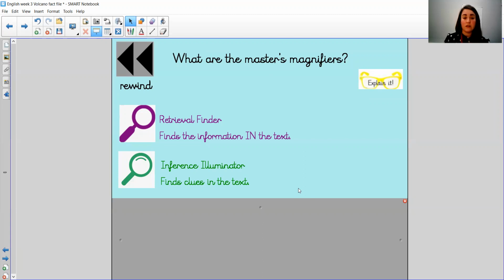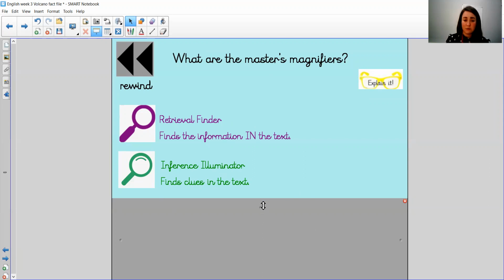So it's more than likely going to be quite cold. Okay, so my inference is telling me that the weather outside is probably really quite cold because we've looked for the clues. So she's wearing a hat, scarf and gloves to give us a clue what the weather might be like. Okay, so sometimes the answer will be there, sometimes we need to look for clues.